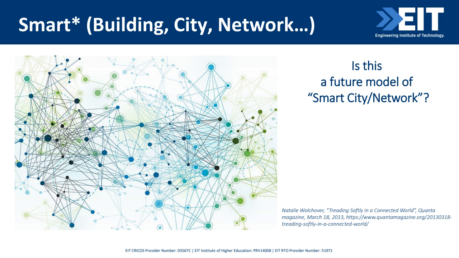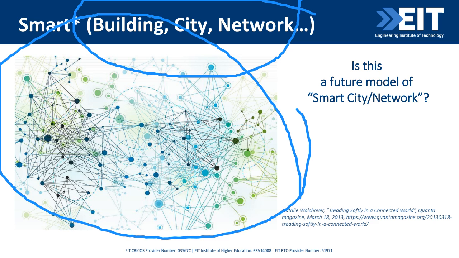And if you combine all of them together, that means looking at the smart building, smart city, smart network, you find a completely spaghetti network like that, where there will be a huge amount of smart cities, smart networks, smart grid. So that is how complicated your network or your city or your building is going to be.